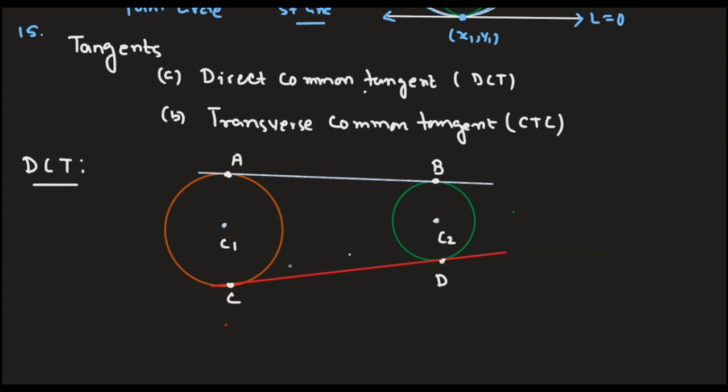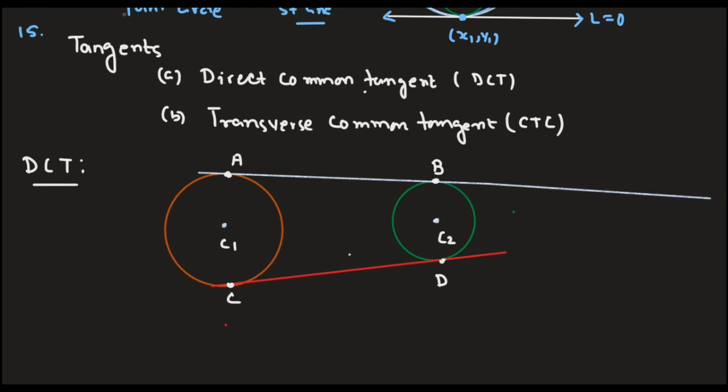Now what will happen if you increase this line? If you increase this tangent, they will intersect at some point, like here. If you increase that value like this, you can notice that.